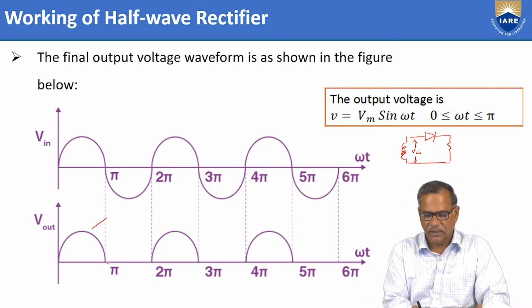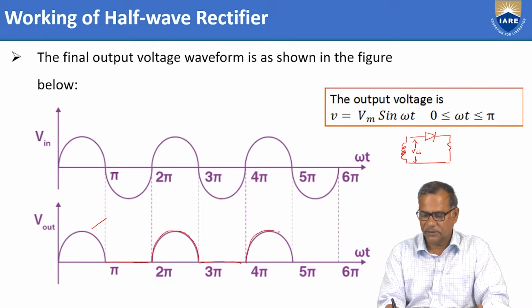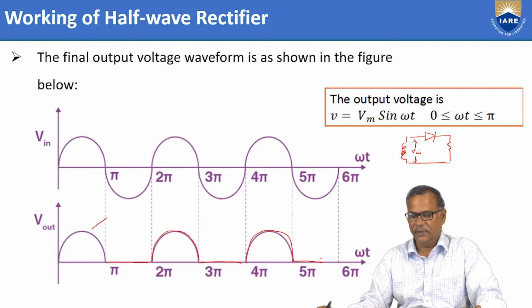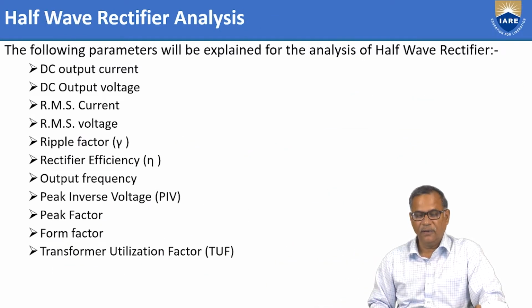So we get zero output. And again, when the input voltage goes positive, we get a positive output. When the input voltage goes negative, we get zero. And again here we get the positive. And like that, we get a pulsating DC, and this is the final waveform.